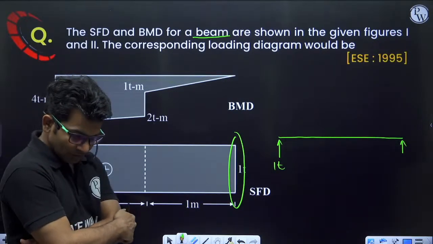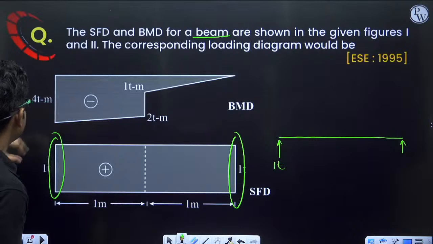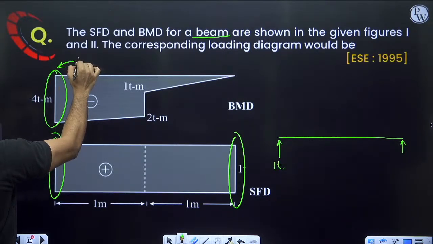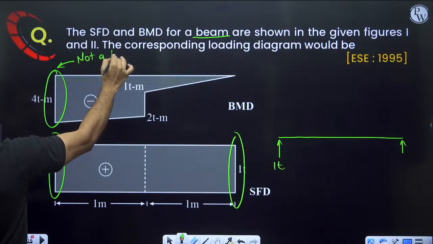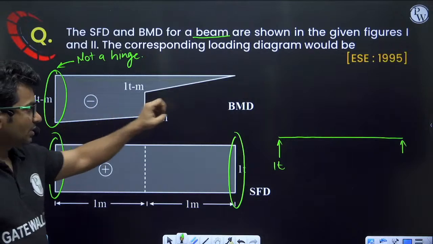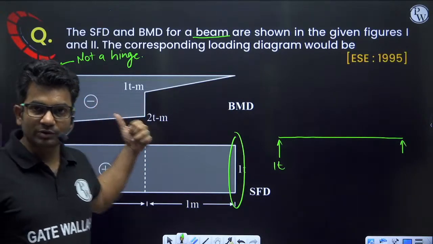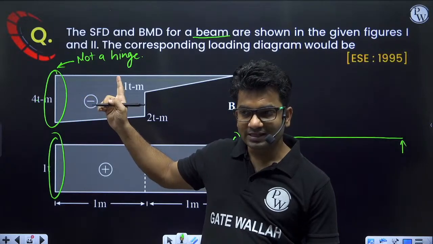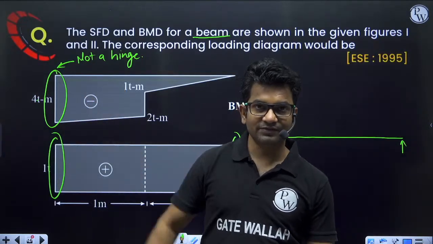Now from the bending moment diagram, it is clear that at this location there is not a hinge. Here moment is also coming. At this location moment is also coming, and when a moment is also coming, that implies that this is a fixed support.